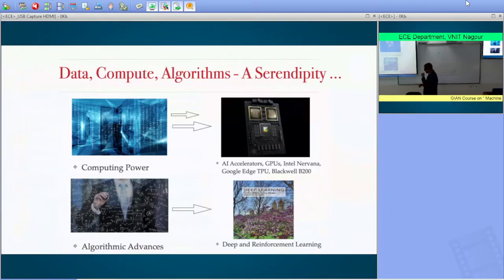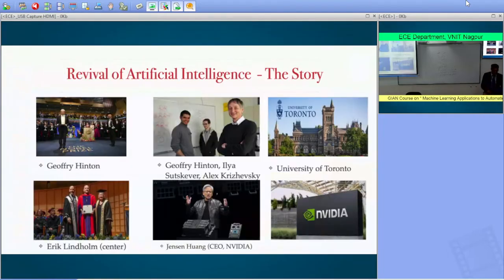And the pace of computing power is also accelerating. You've probably heard of how much energy it takes to build large language models, the amount of computing power that these models require, right? So in the last 20 years, we've had this serendipitous confluence of IoT, data, computing power, and algorithmic advances, and therefore more interest in artificial intelligence.